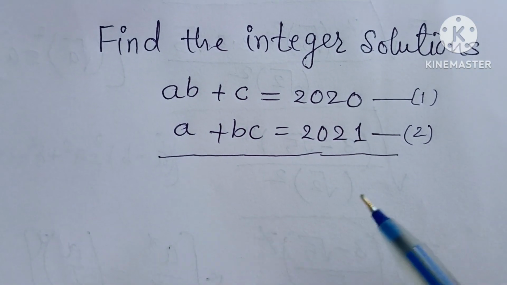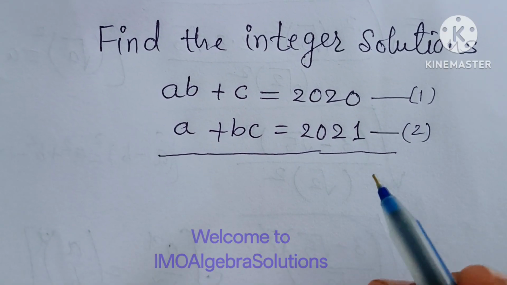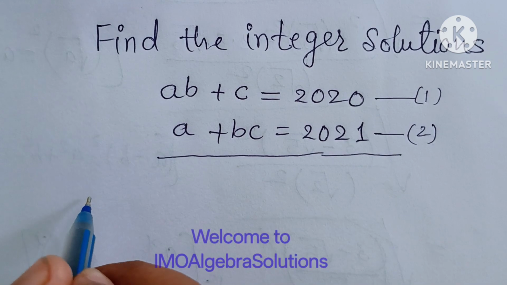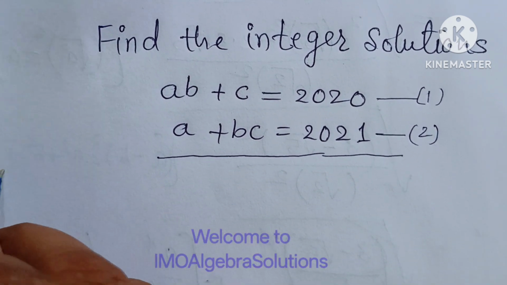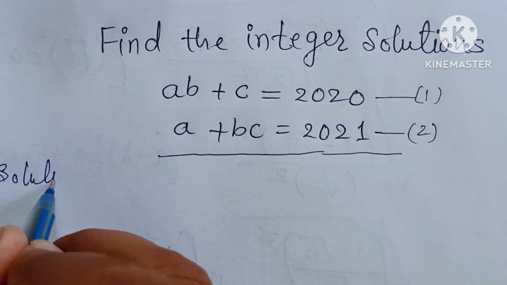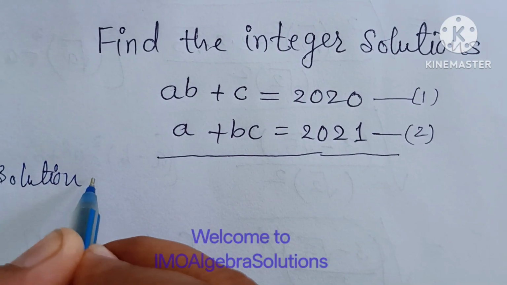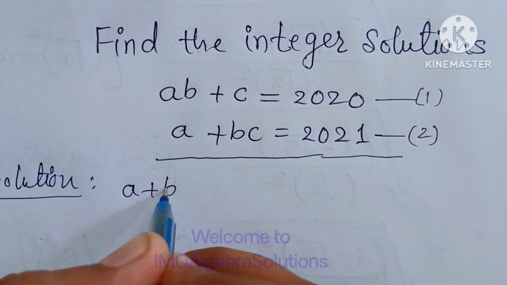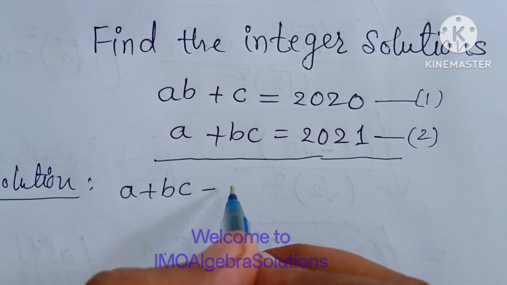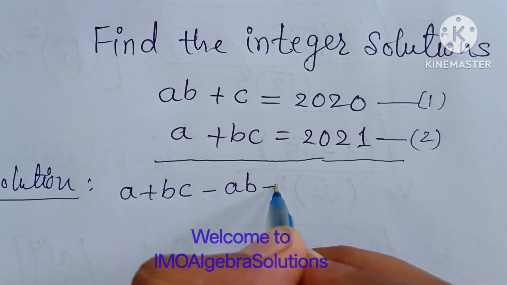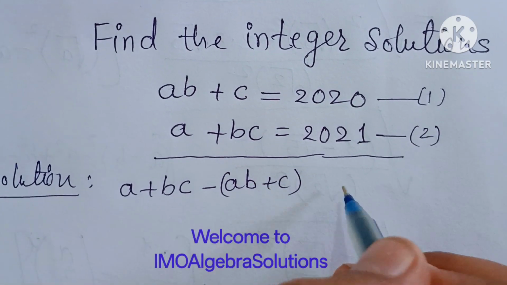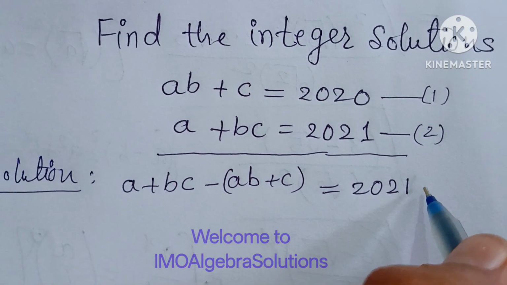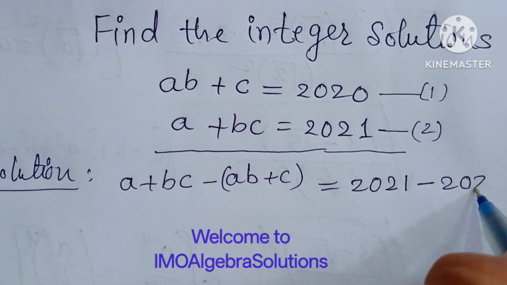For that we have to subtract equation 1 from 2. So we can write here, solution: A plus BC minus AB plus C equal to 2021 minus 2020.